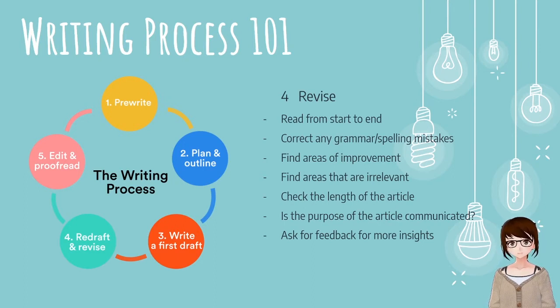If not, then I think 1,000 to 1,500 words would be enough. So just be mindful of the length. Don't get too carried away, and if you want to include everything and it goes to about 3,000 words, you might want to think about breaking it up into 2 articles or something like that.